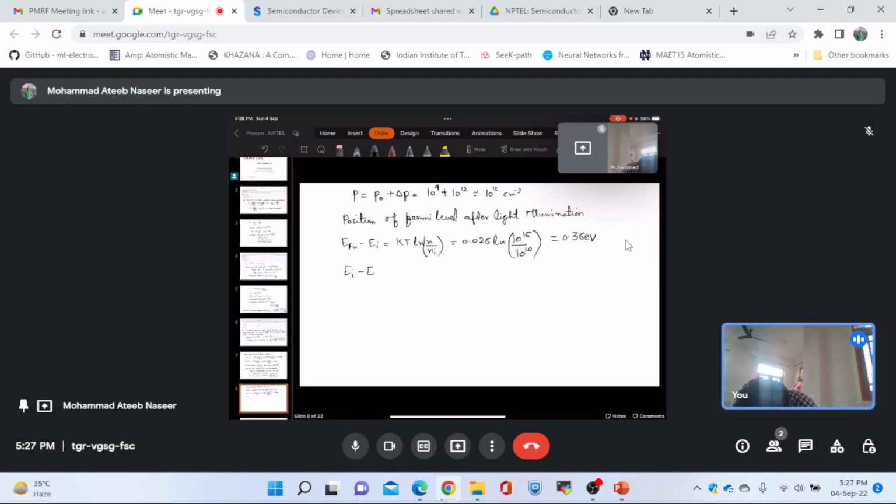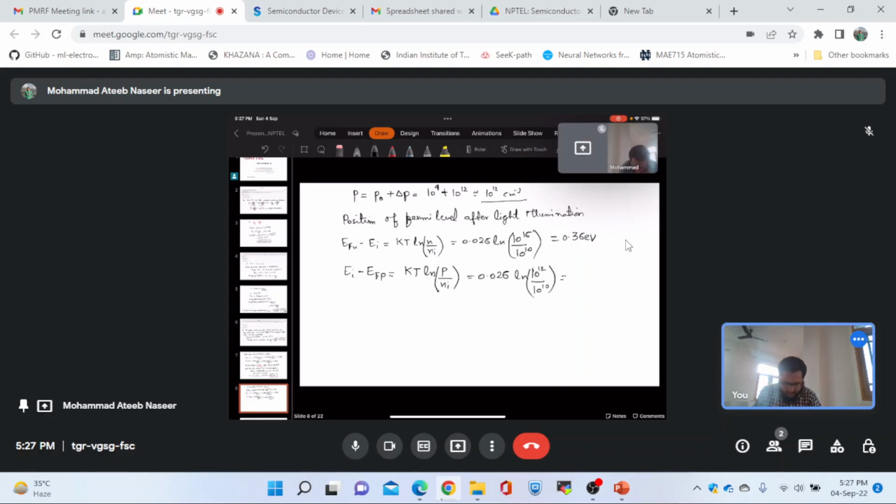Now, for the hole quasi-Fermi level, this will be EI minus EFP equal to KT ln of P by Ni, and it will be equal to 0.026 ln of, this came out to be 10 to the power 12 divided by 10 to the power 10.